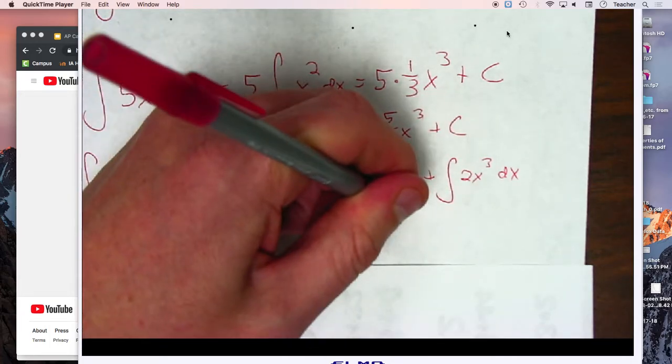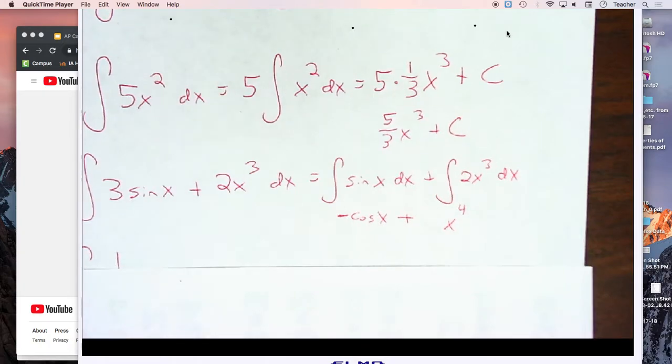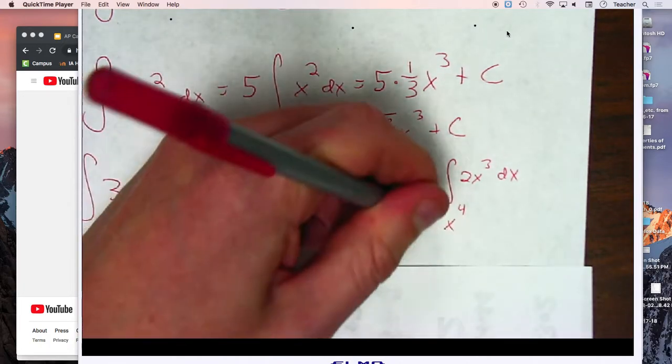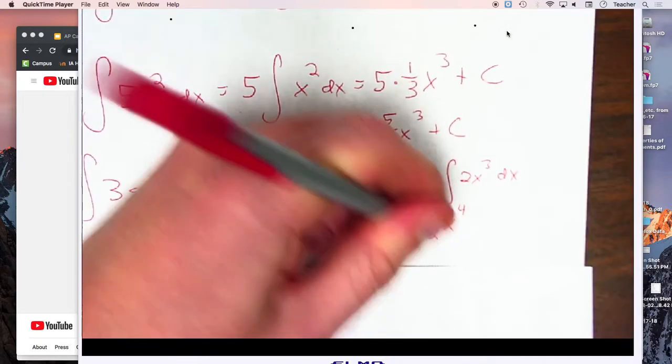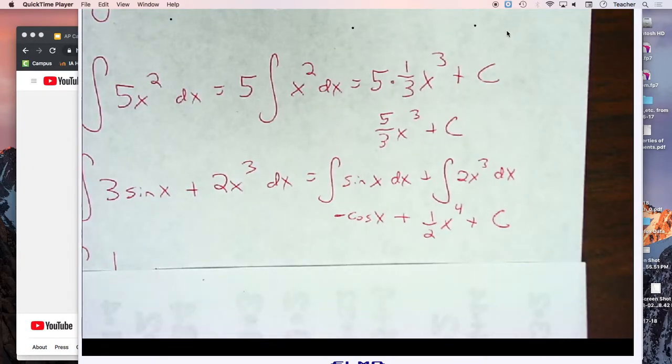What has a derivative of 2x to the third? I would add the power and get 4, and then divide by 4, so 2/4 is 1/2. I put the plus c there. Again, take the derivative and make sure you're getting the right thing back. I think we will in this case.